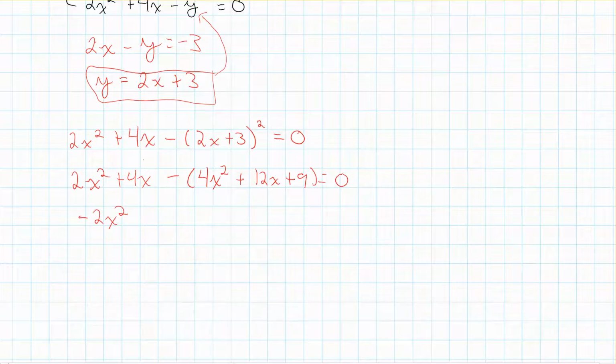I've got 4x minus 12x, which would be minus 8x. And then I have minus 9 equals 0. Now I'm going to go ahead and multiply through by negative 1 because that will make everything positive.